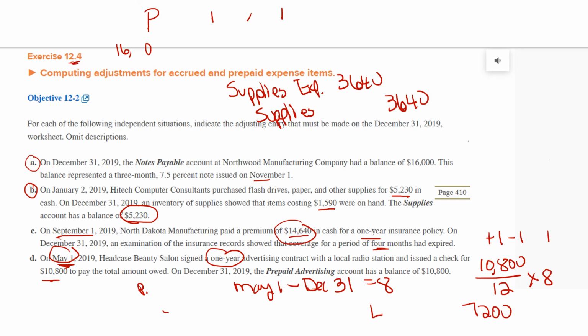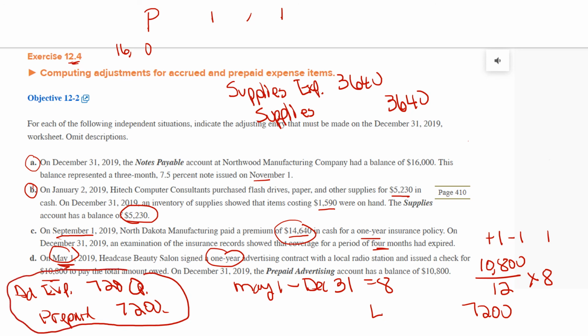So you'll have an advertising expense debit of $7,200, and you're going to credit your prepaid advertising for $7,200. I'll show you the exact solution on the next slide in case you can't read this. The important thing is to make sure you understand the concept and how to get the calculation: $10,800 divided by 12 times 8 is your advertising expense adjustment.